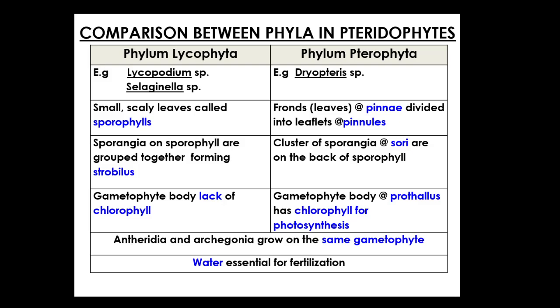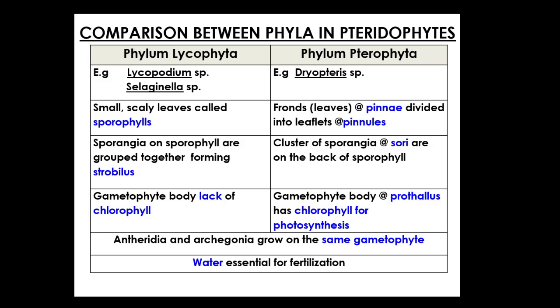In phylum Lycophyta, sporangia on sporophyll are grouped together, forming strobilus. Whereas in phylum Pterophyta, the cluster of sporangia or sori are on the back of sporophylls. In phylum Lycophyta, the gametophyte body lacks chlorophyll, whereas in phylum Pterophyta, the gametophyte body or the prothallus has chlorophyll for photosynthesis.